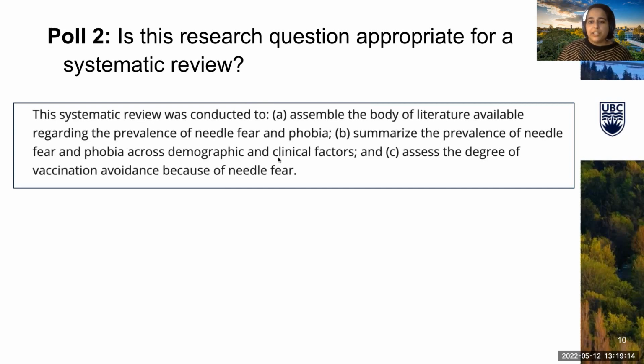This is more appropriate for a scoping review or a mapping review. If you read it again, it's not looking at a specific research question. It's about looking at what research is out there and summarizing it in order to see what the research looks like. But it's not really appropriate for a systematic review.